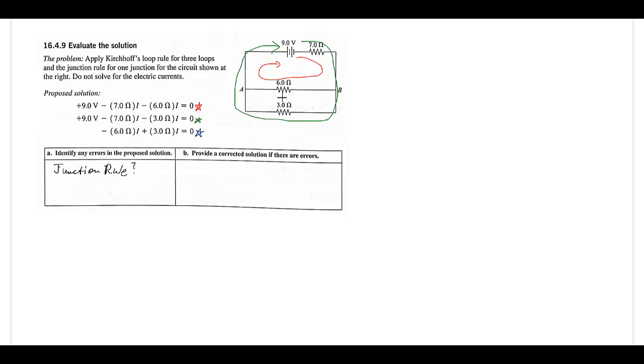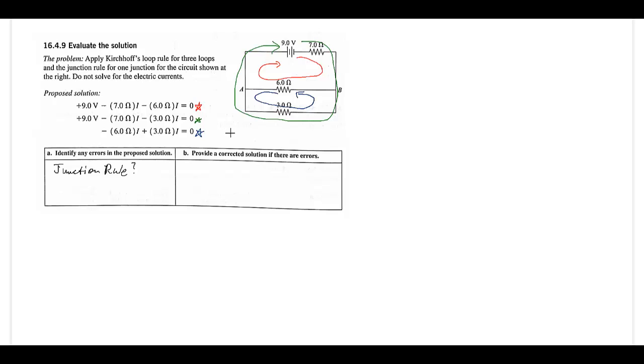The direction that it's going in is negative 6 ohm I, which I guess means he's going this way. Well, it depends on if we assume, I guess, if this person knows what they're doing, because they've messed up these two, and I'll explain why in a sec. But because they messed up these two, I'm going to assume that this one is not correct, which means he thinks it's actually going this way, this loop.